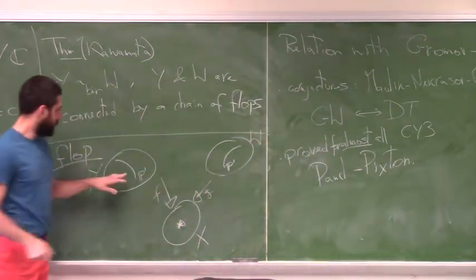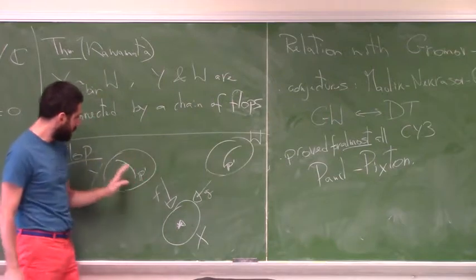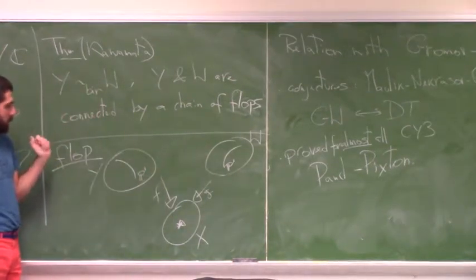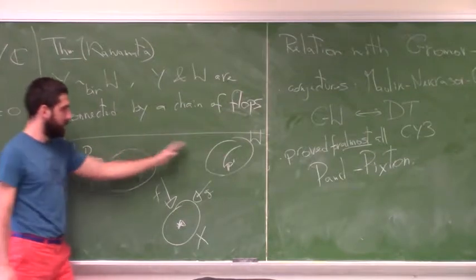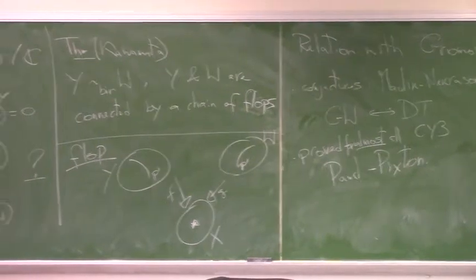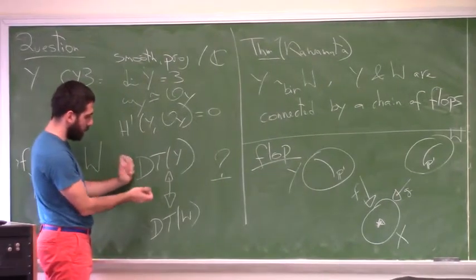And so these two are birational. They're isomorphic away from a codimension 2 subset, so they have the same divisors, and so they'll have the same curve classes. So now it's more rigorous.